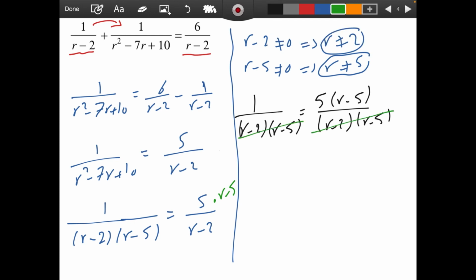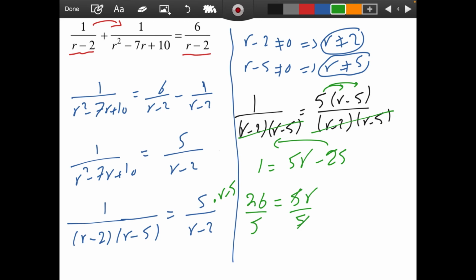Same denominator to be cancelled, then 1 equals 5r minus 25. Taking to the other side, 25 plus 1 is 26 equals 5r. Divide by 5, then r is equal to 26 divided by 5.